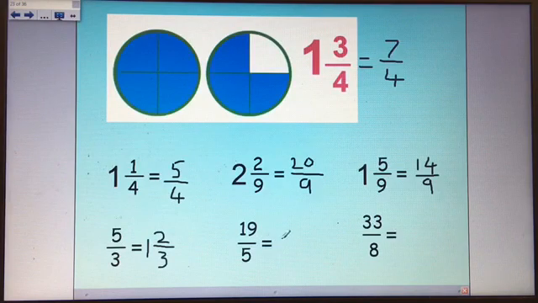So make sure that goes right in between. 5 goes into 19 3 times. 3 times 5 is 15, and you've got 4 left over, so that's 3 4/5. And last one, dodgy 5 there. 8 goes into 33, or 8 times 4 is 32. That's 4, and then we've got 1/8 left over.